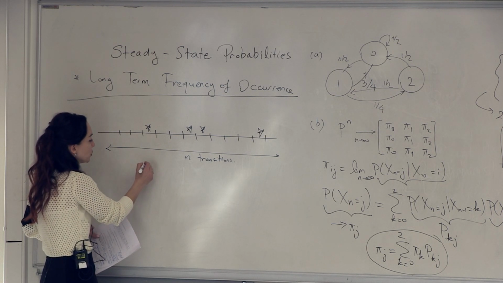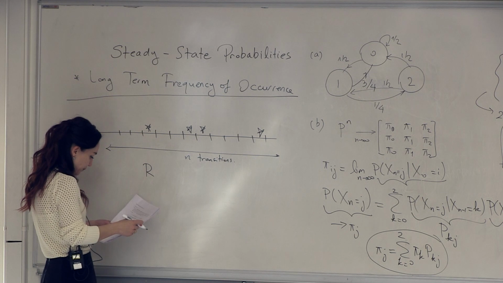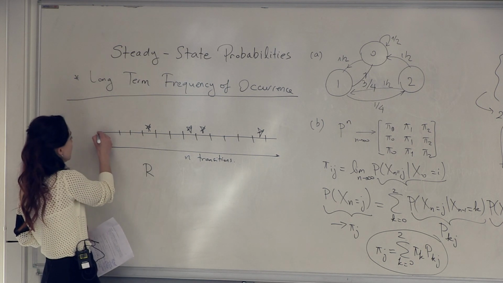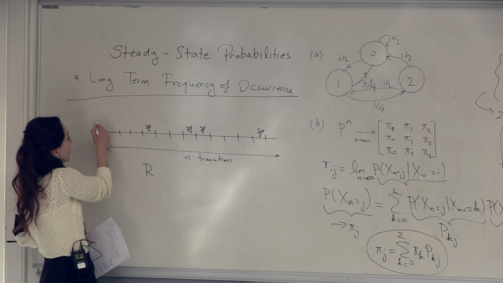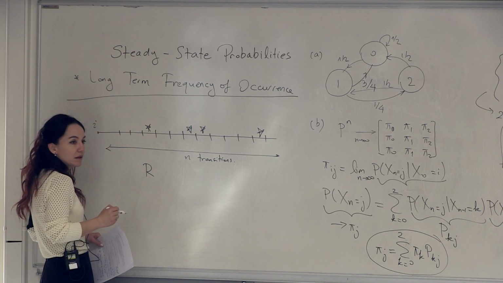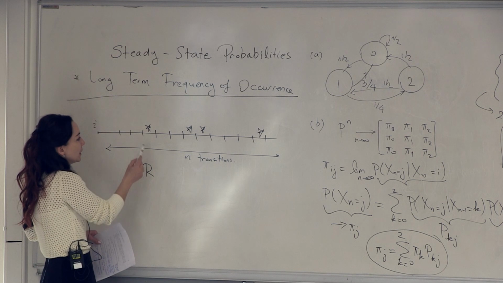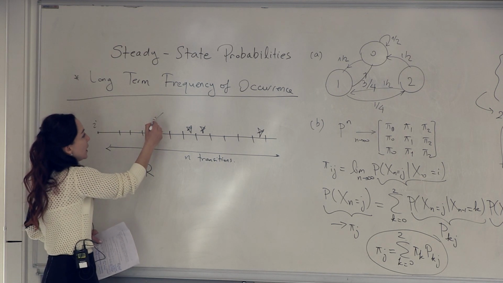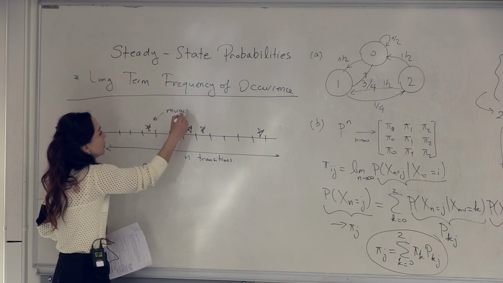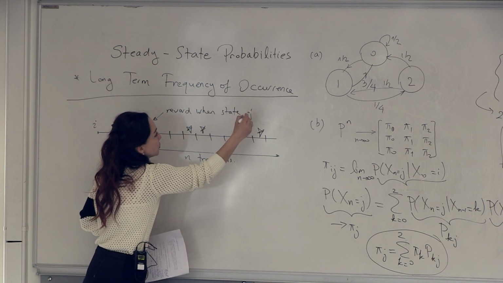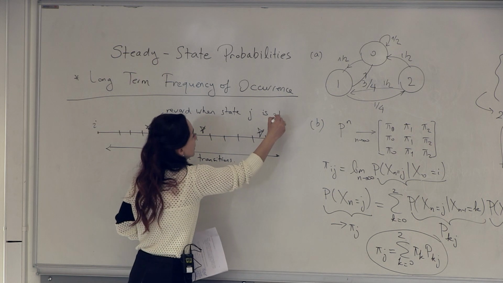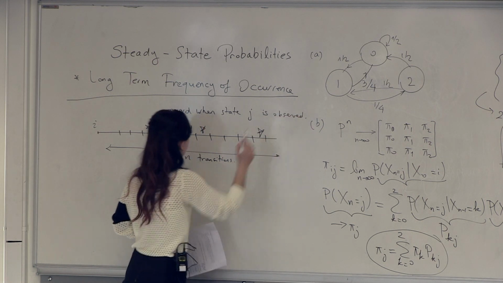So suppose my initial state is, I don't know, i. And let's generalize this. I get a reward when state j is observed rather than state 1.